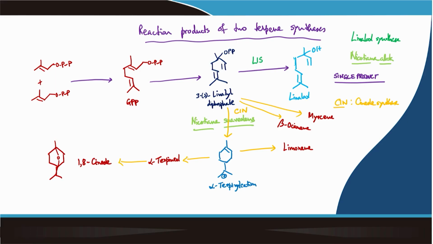In addition to this, it also contributes to the formation of pinene, like alpha pinene and beta pinene. And finally, it also forms sabinene.